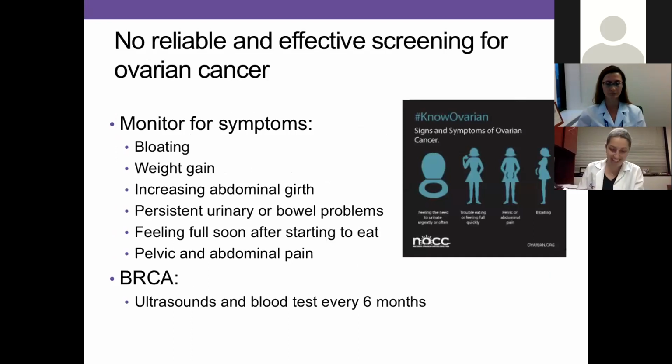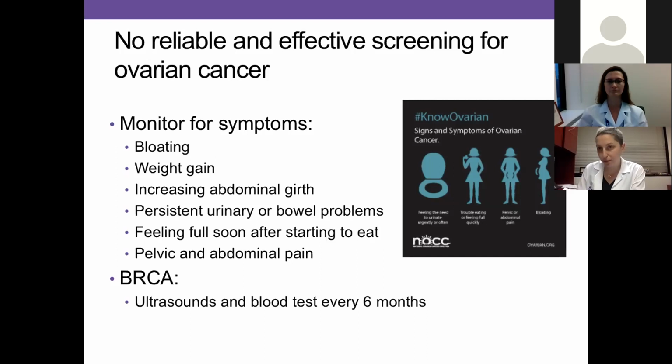So again, there is no reliable or effective screening tool for ovarian cancer. We want you to go see your gynecologist every year for an exam. Again, monitor for symptoms. You want to make sure you're advocating for yourself, letting your doctor know if anything has changed, such as new bloating, weight gain, your belly's getting bigger, or you're feeling full after eating small meals.